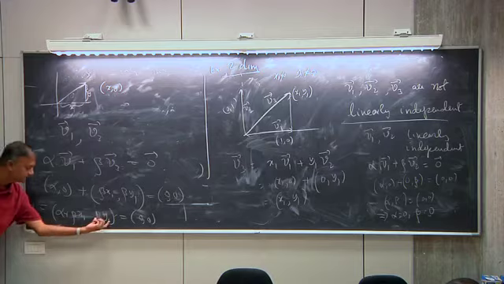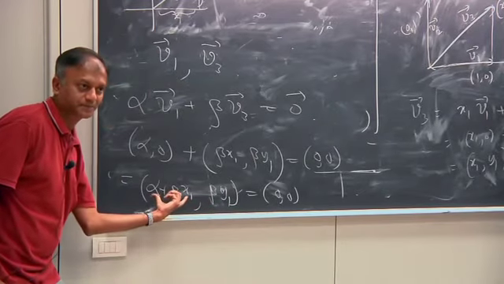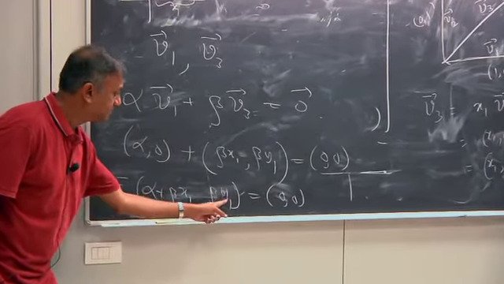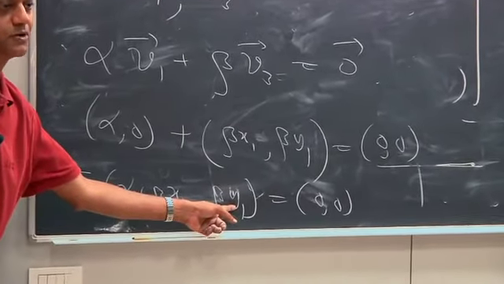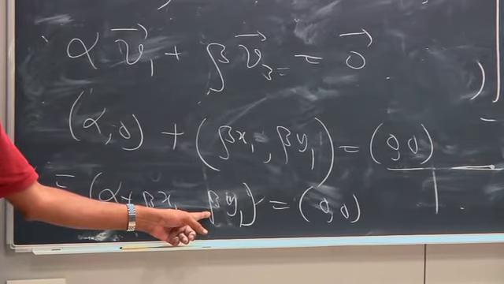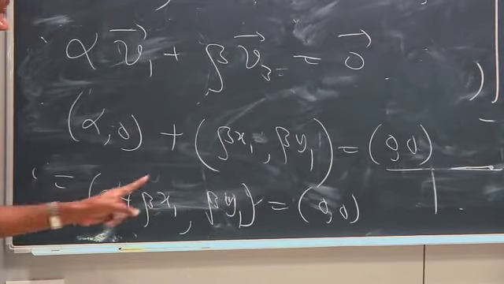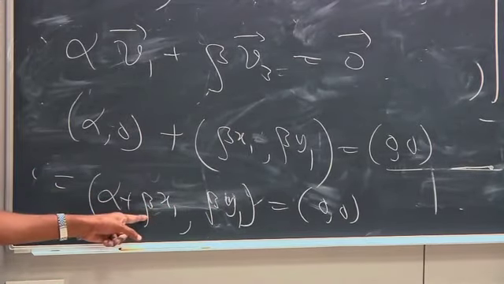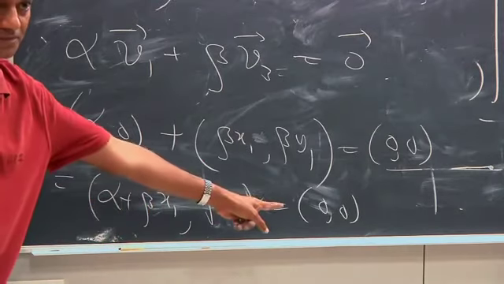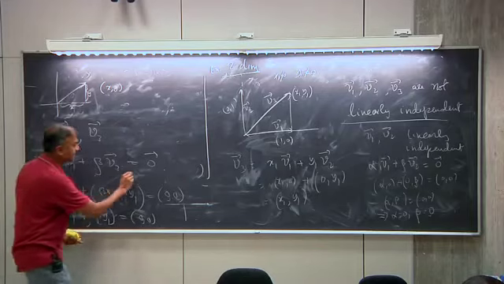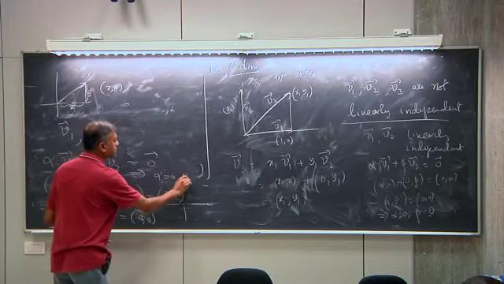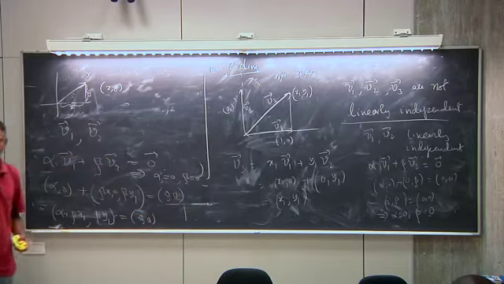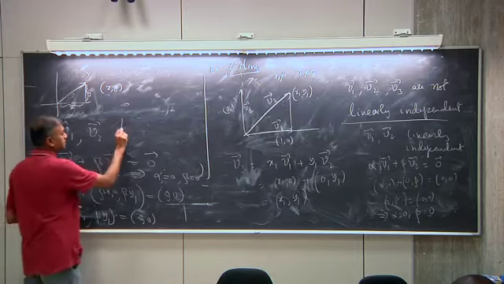This implies that this must be 0 and that must be 0 separately. Now beta times y1 is 0, and since I know y1 is not 0, the only possibility is that beta must be 0. But if beta is 0, this term drops out and you get alpha equal to 0. So again, both alpha equal to 0 and beta equal to 0. So these are linearly independent.